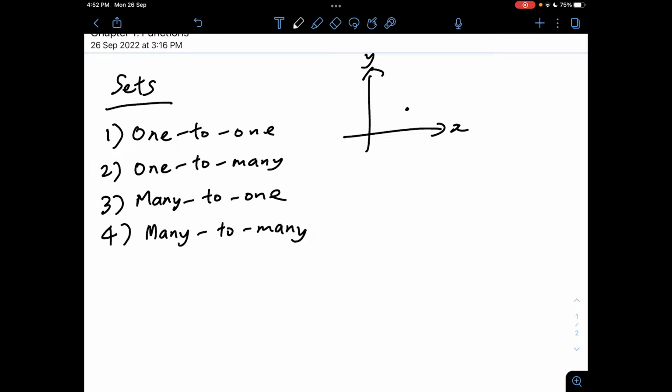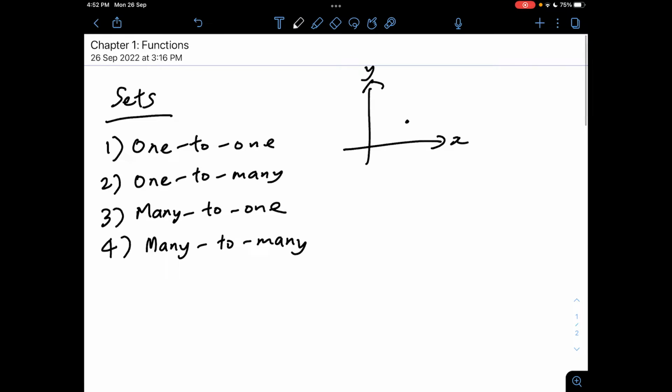So here there are only 2 relations that can be used with our functions. That will be one-to-one and many-to-one. Okay, anything else that has a many at the back? No, they cannot be used as functions. Okay, your answer must only have one element. There cannot be more than one element for a function.